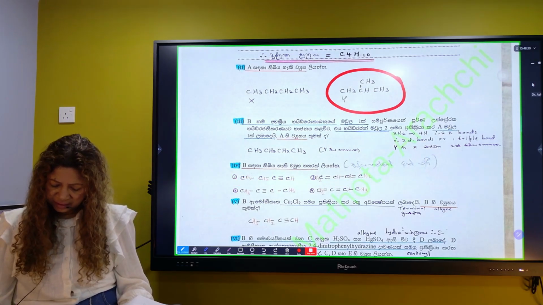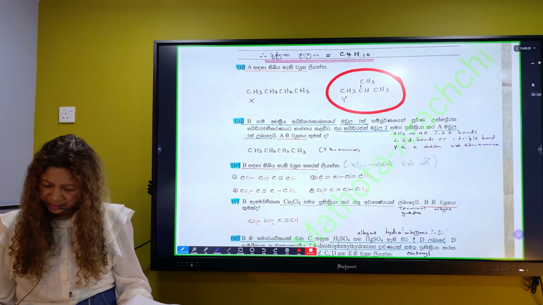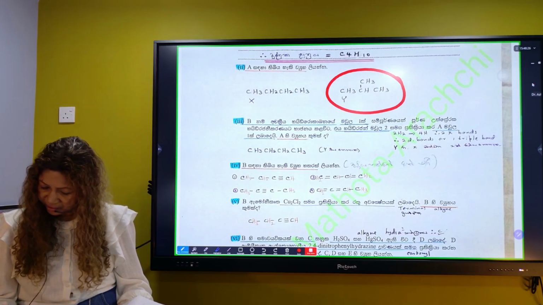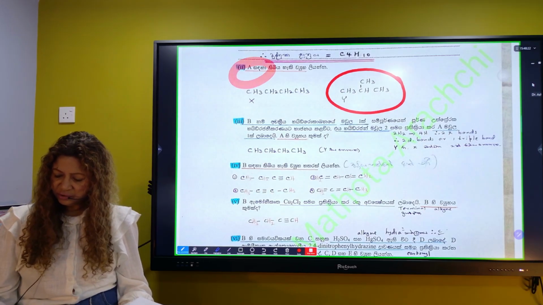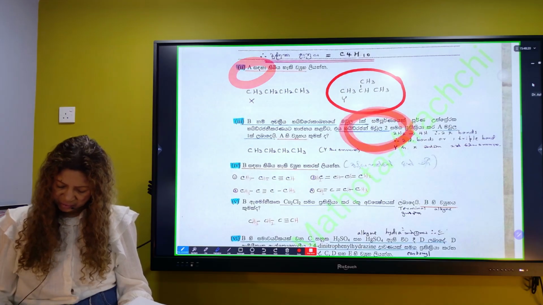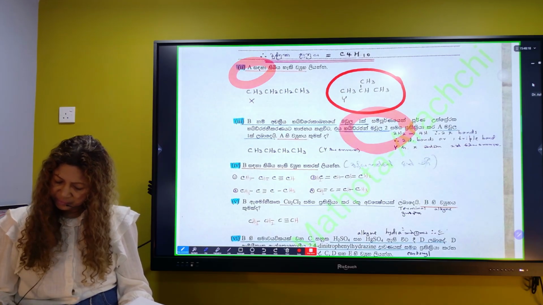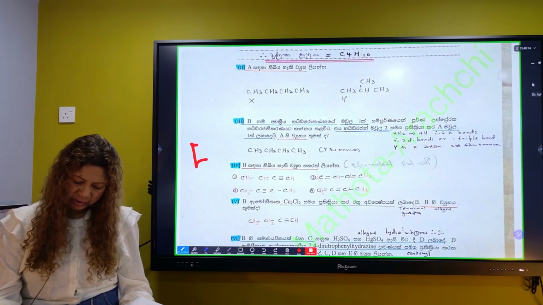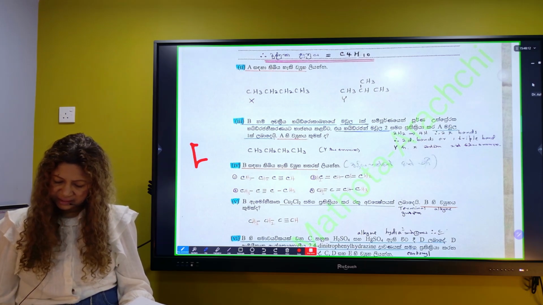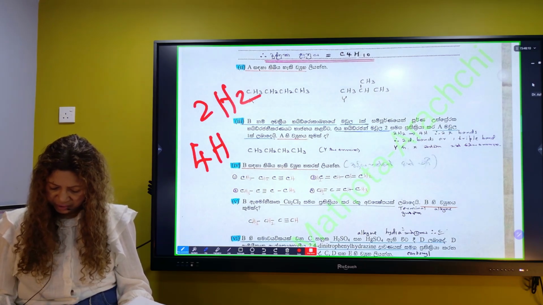They say 1 mole of this, whatever A is, reacts with 2 moles of H2. 2 H2 means 4 hydrogen, so there are supposed to be 2 pi bonds.